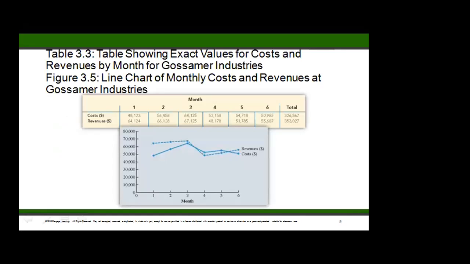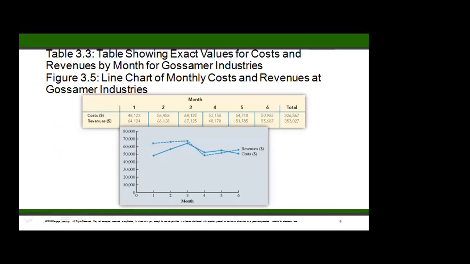Consider when the accounting department of Gossamer Industries is summarizing the company's annual data for completion of its federal tax forms. In this case, the specific numbers corresponding to revenues and expenses are important and not just the relative values.